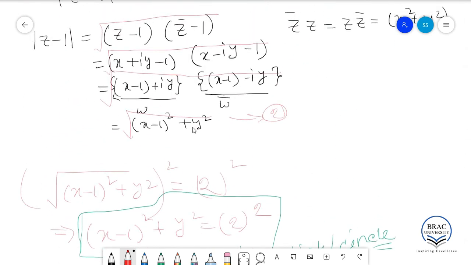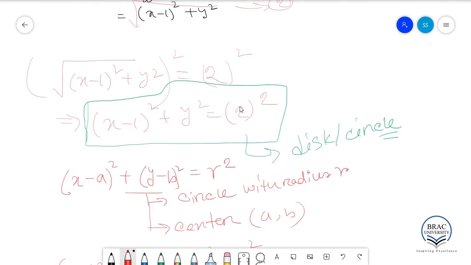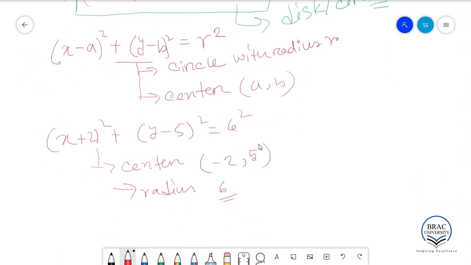We saw that the modulus of z minus 1 equal to 2 is giving us this equation, that is x minus 1 whole squared plus y squared is equal to 2 whole squared.